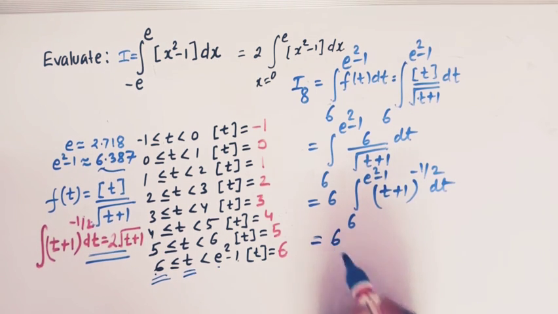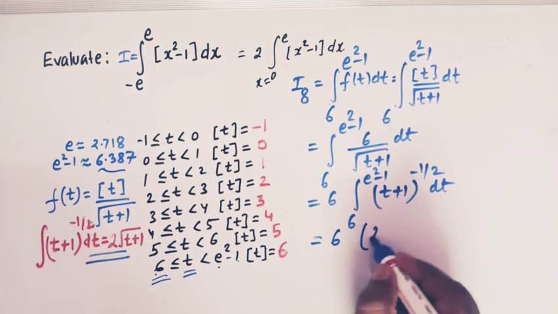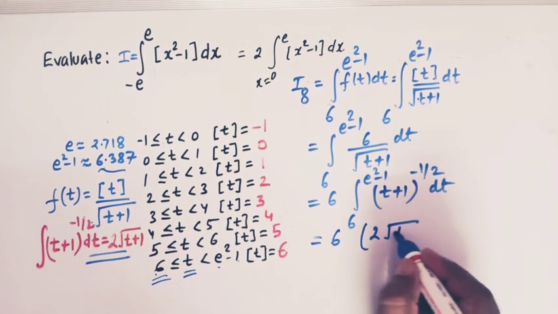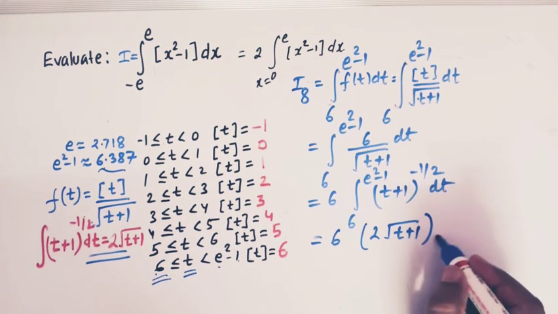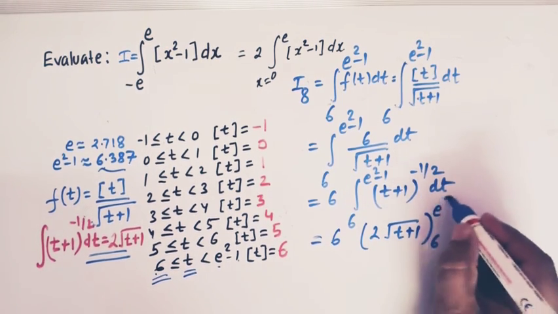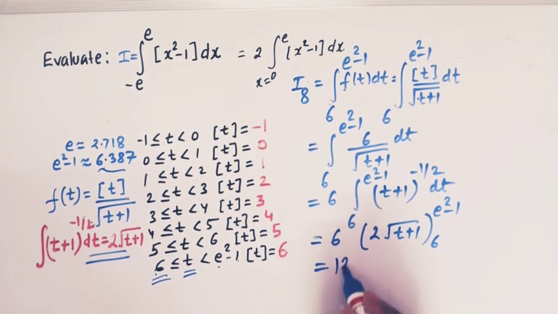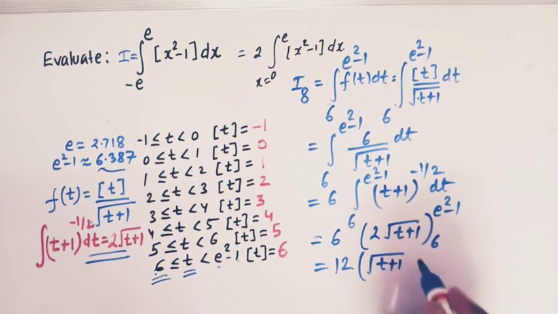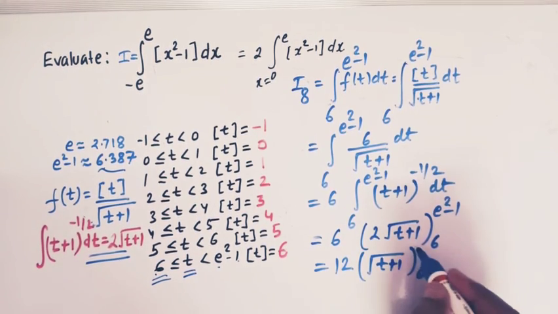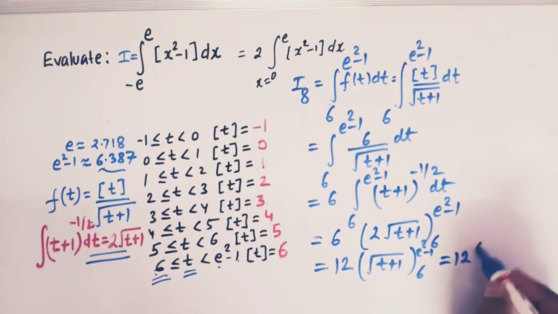Now making use of this standard result, here we'll have 2 times square root of t plus 1, and here we have the limits from 6 to e square minus 1, so taking this 2 outside, here we'll have 12, and here we have square root of t plus 1, limits are from 6 to e square minus 1, and let us substitute the values here.